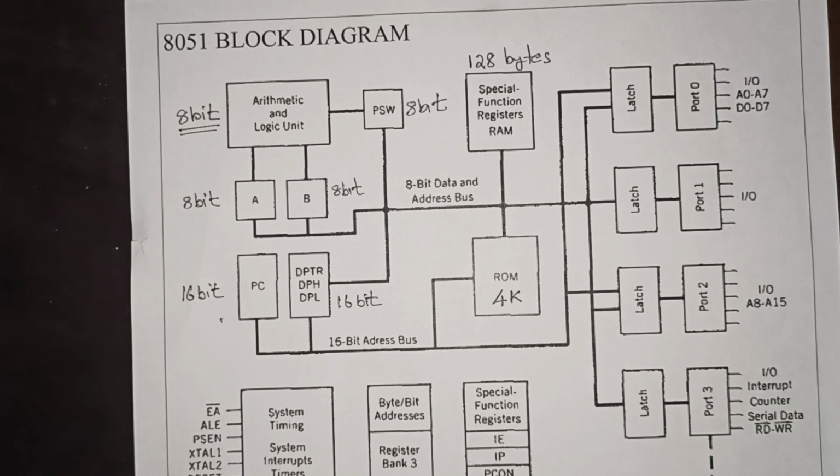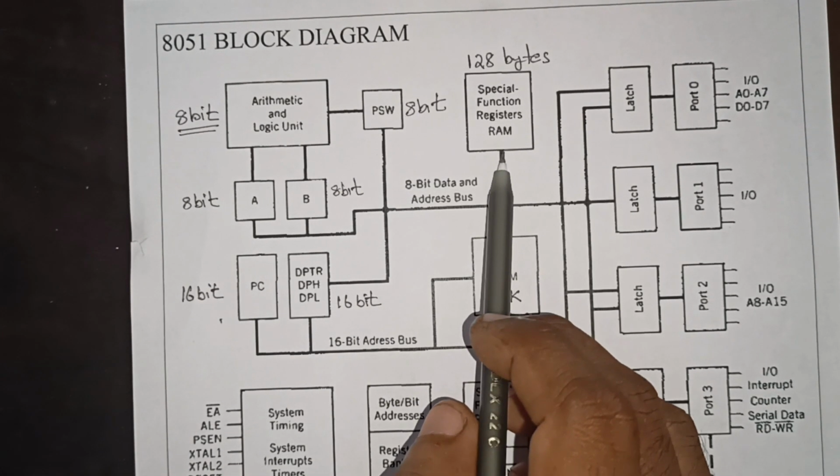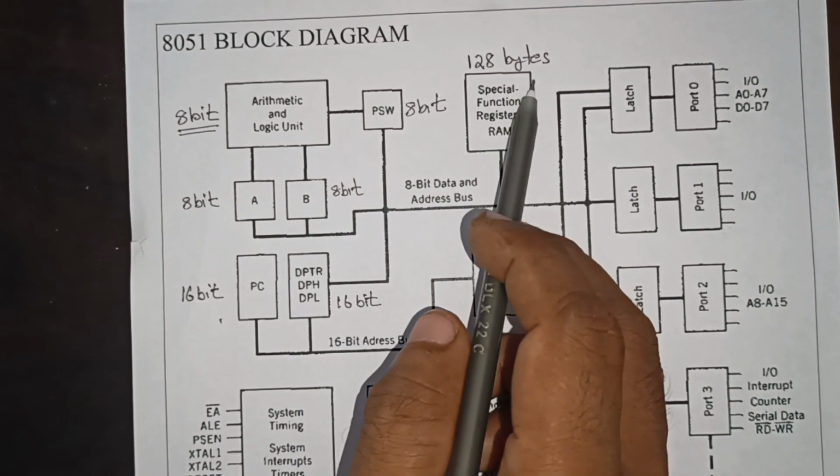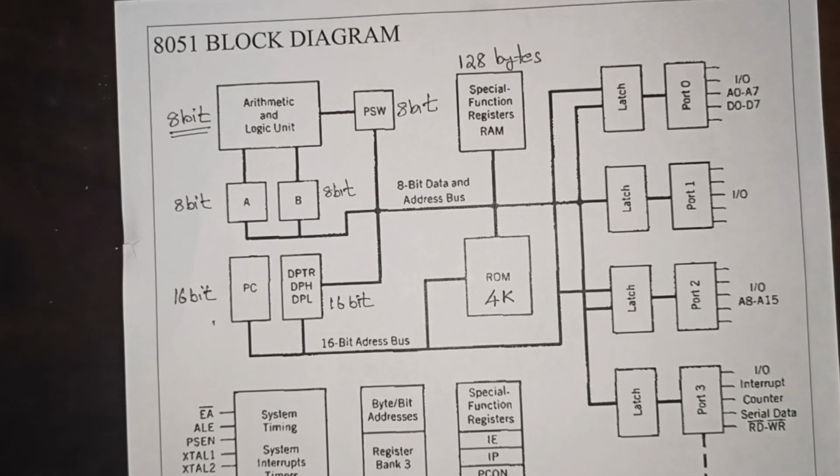Then we have additional peripherals, which are unique to 8051. The first one is the internal RAM. Internal RAM is 128 bytes. 1 byte is 8-bit. So we have 128 locations, where each location can store 8-bit.